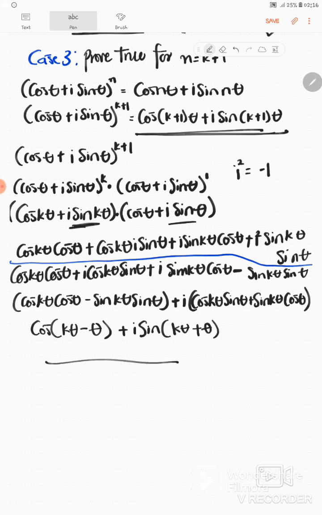Let's not forget that this is also equal to this here. We just left it because we want to make it like this. Okay, now we have done this.